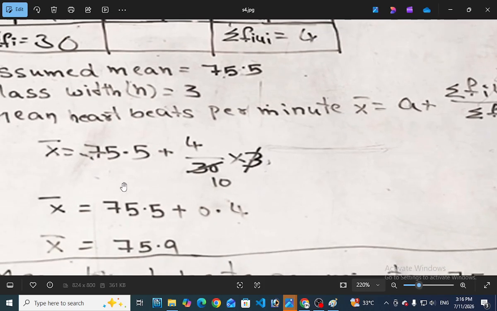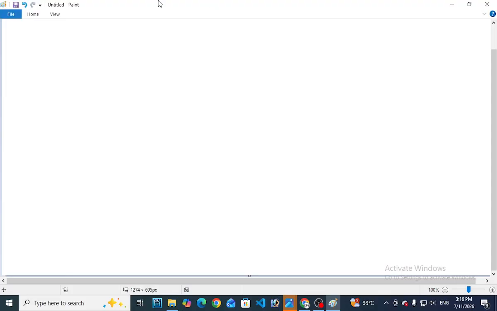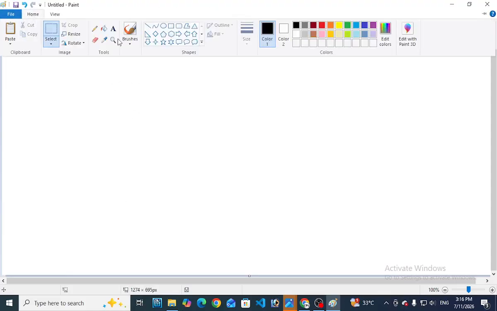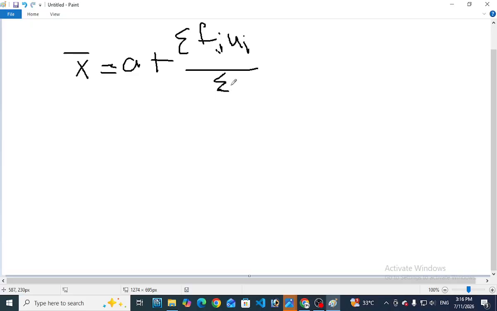So here we are finding the solution. Step deviation formula: x bar is equal to a plus sigma fi ui by sigma fi into h.